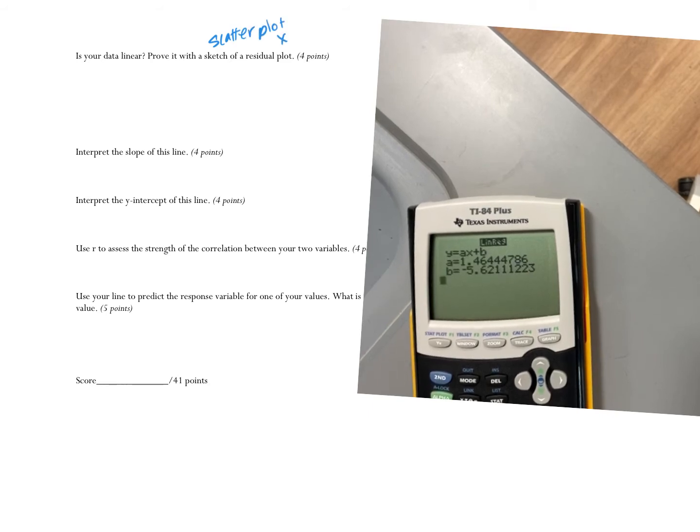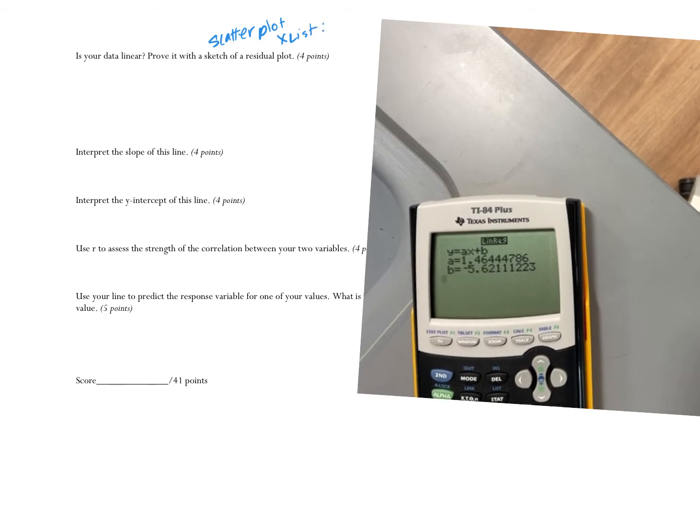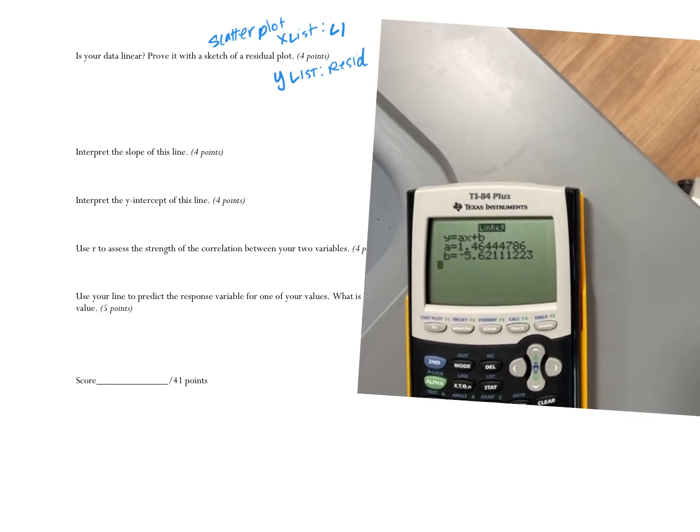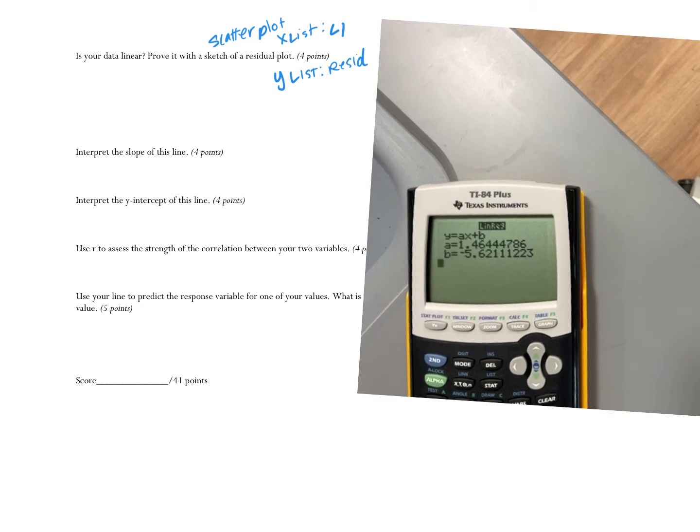Our x list is going to be L1. Our y list is going to be the residuals. Okay? And those residuals are stored in the list menu on your calculator. So let's talk about how we get there.